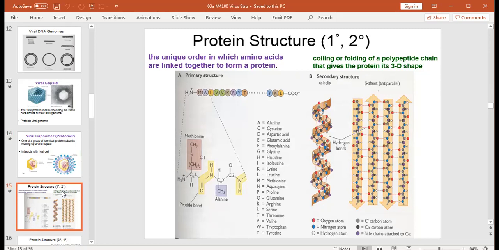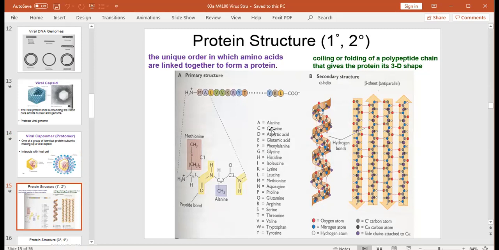Proteins have primary, secondary, tertiary, and quaternary structures. The primary structure is basically the unique order of amino acids. The 20 essential amino acids are listed here. The amino acids are linked together to form a polypeptide chain or a protein.